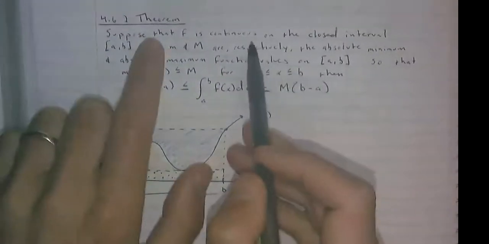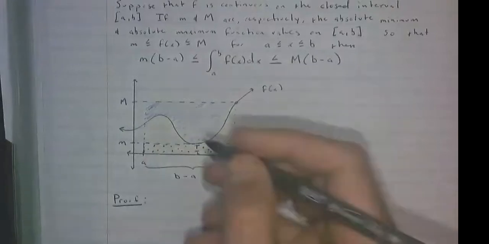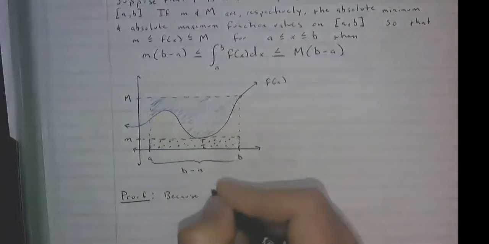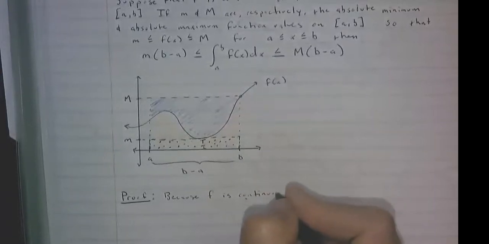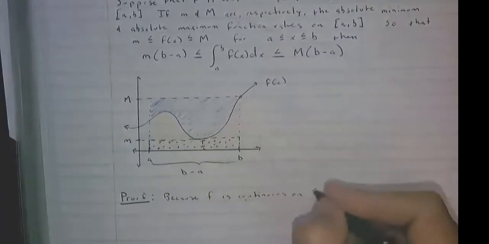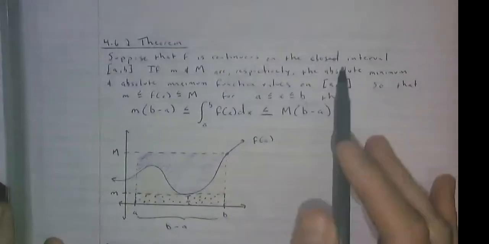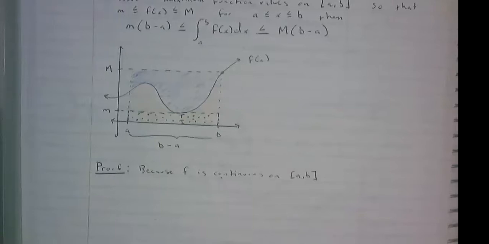So the first part of our proof is just the fact that because f is continuous on this closed interval a to b, that's going to guarantee the existence of absolute extremum on that interval.